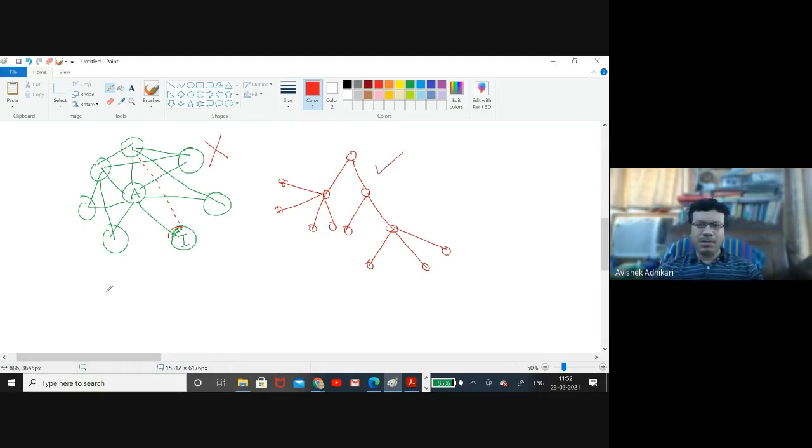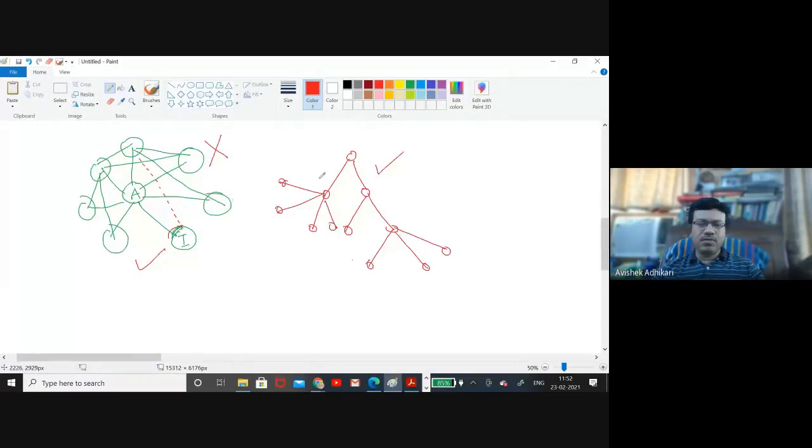Now, can you tell me intuitively what could be a definition of a tree without having any knowledge of trees? Just try to find some feature that is present here and not present here. Both of them are graphs. Both of them have vertices and edges.